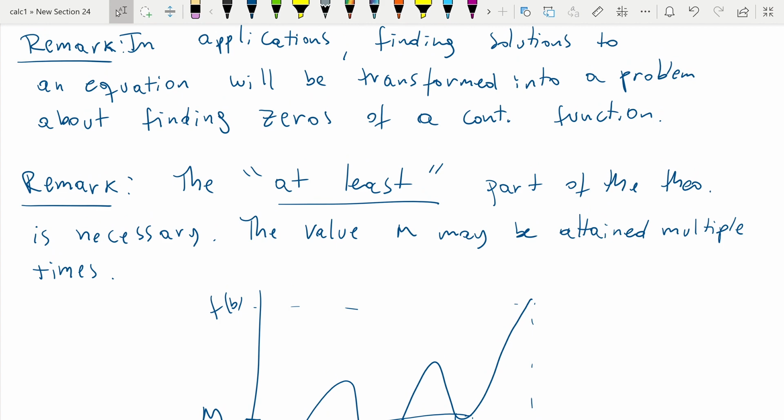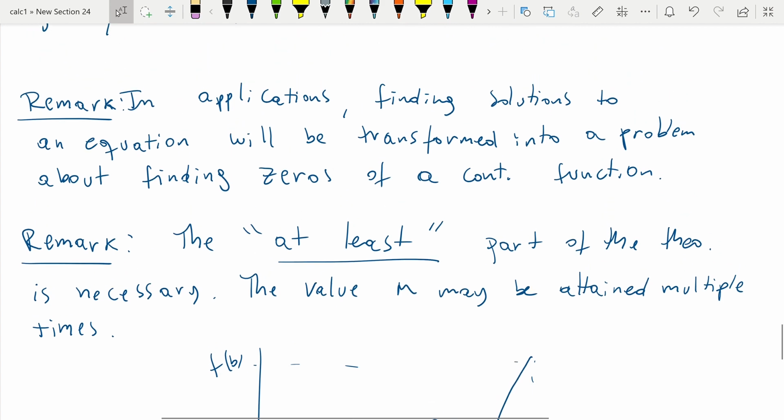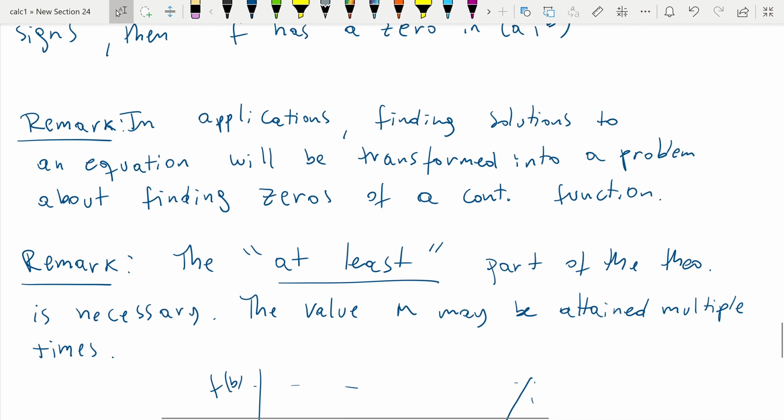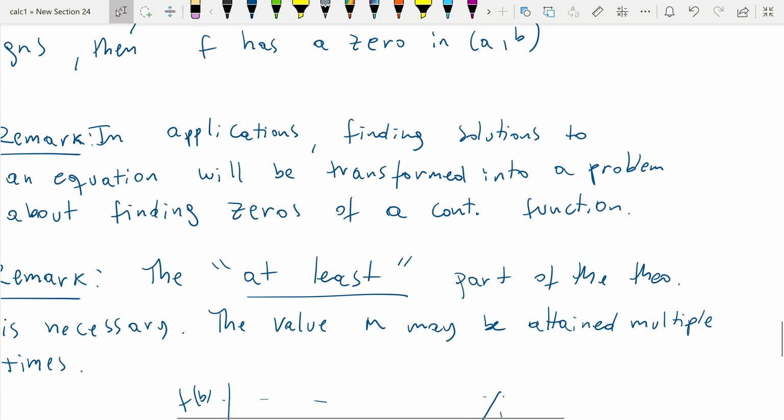Okay, so now summarizing, in applications, finding solutions to an equation will be transformed into a problem about finding zeros of a continuous function. And this is also the case when finding roots of polynomials.